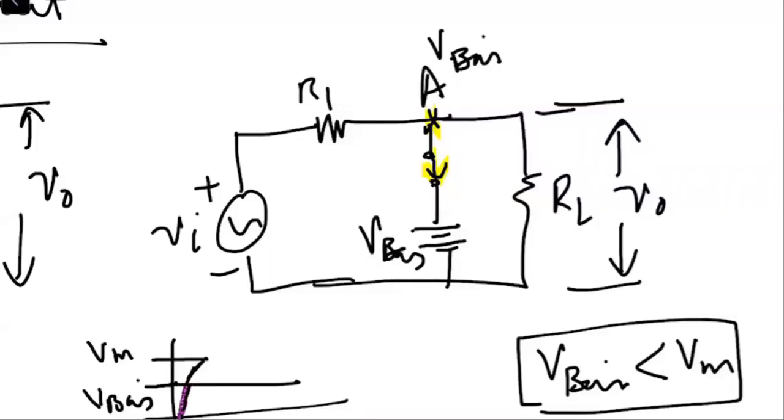Because if there are two things and one is held at some value, in the parallel combination that value will be there. You cannot actually overcome that value. So this means output will be held at V bias as long as the diode is in the on state. Are you with me?